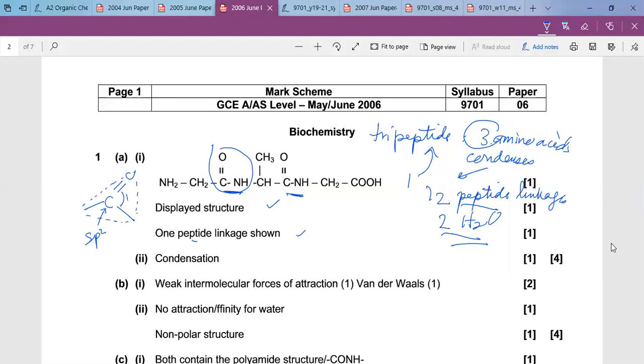The angle is 120 degrees, all of these are 120. Of course, the N here is sp3. So remember sp3, one of them goes here, one down here, and a lone pair here.